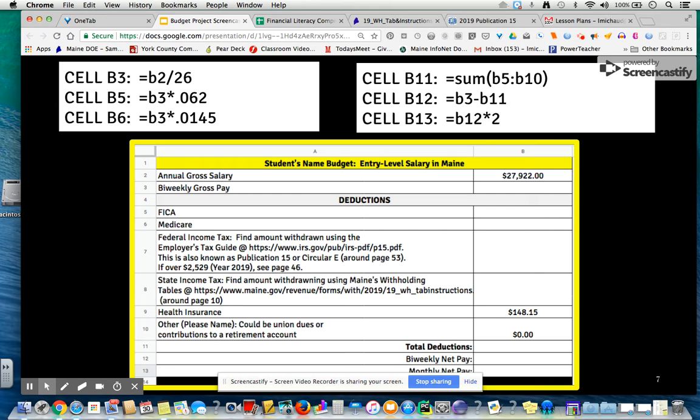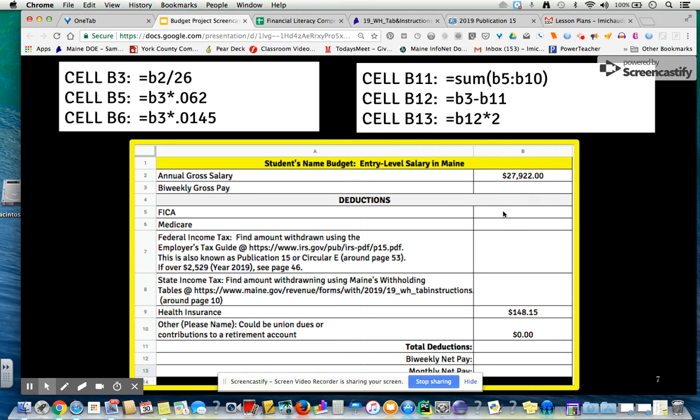But we're going to use a formula and make the computer do the work for us. So the formula for this cell, B3, is going to be equals B2 divided by 26. So what you're saying is, take whatever is in cell B2, that's the intersection of the column and the row, and divide it by 26.